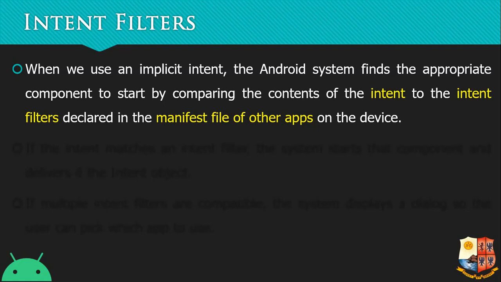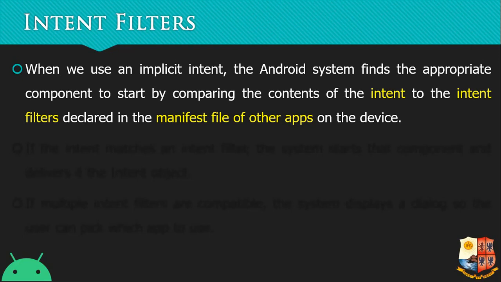You create it in the manifest file. Yesterday when we did the broadcast receiver program, where I turned on the airplane mode and switched it off, I had created intent filters, if you remember. But when will that be called? When a particular airplane mode broadcast has been sent. I will come to that later, but remember this is the word which I want you to focus on.